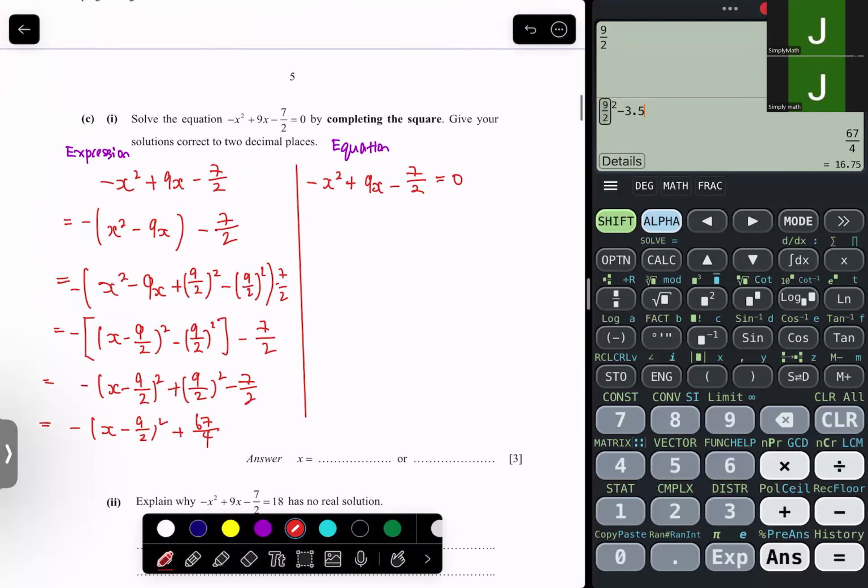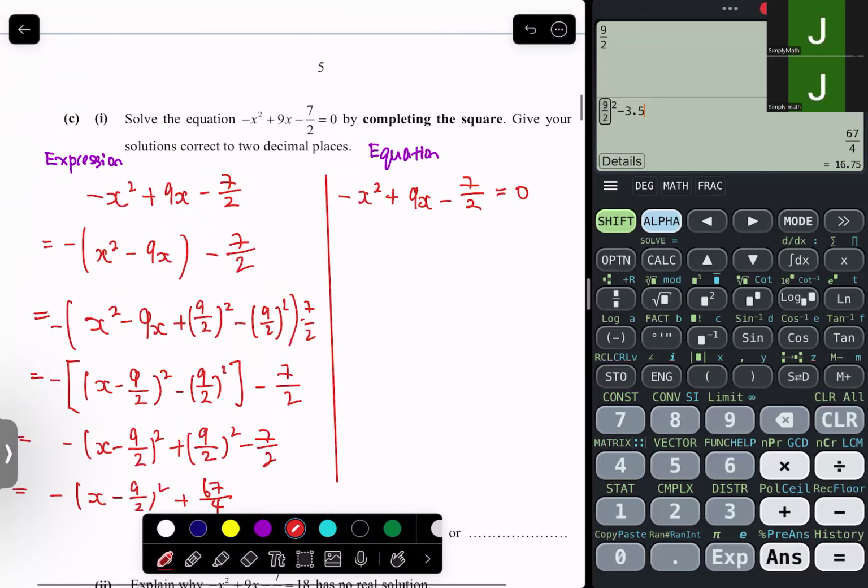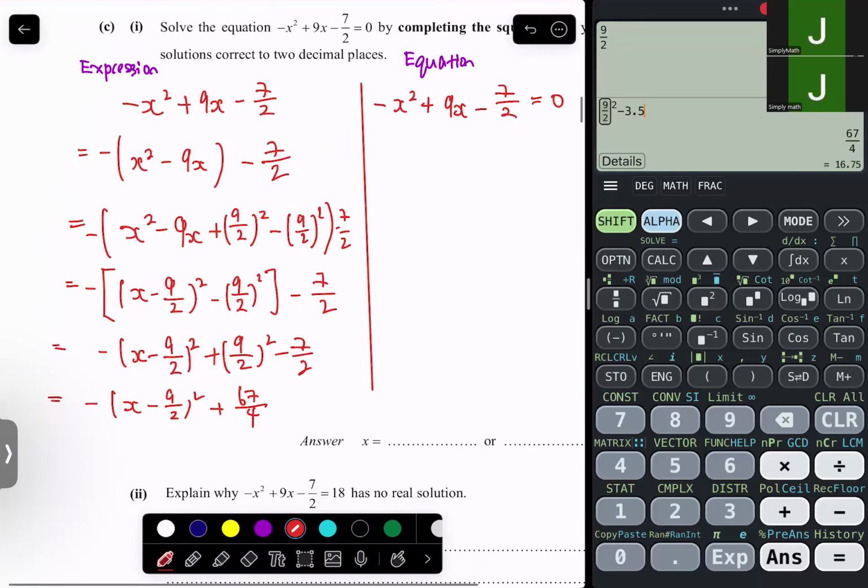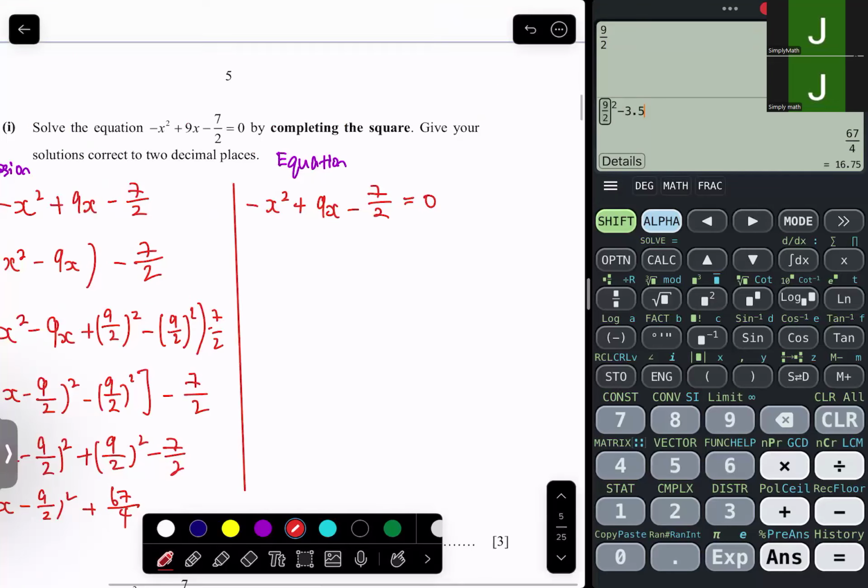But now that it is an equation, things can be slightly different.